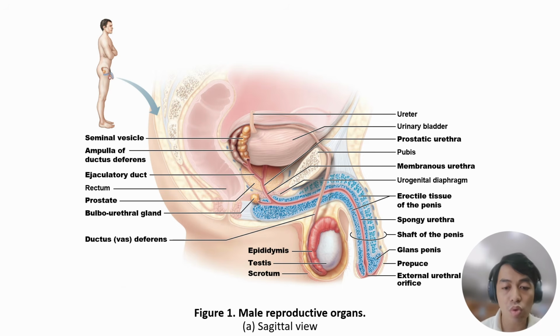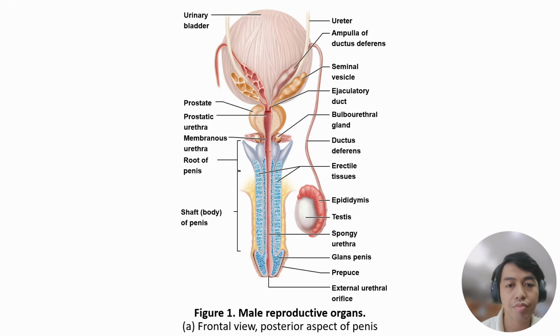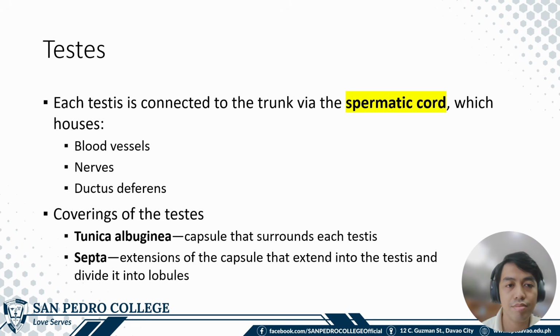This sagittal view of the male reproductive organs shows you especially the ductal system and the gonads. This is the frontal view of the reproductive system. So the testis is connected to the trunk of the body by the spermatic cord.